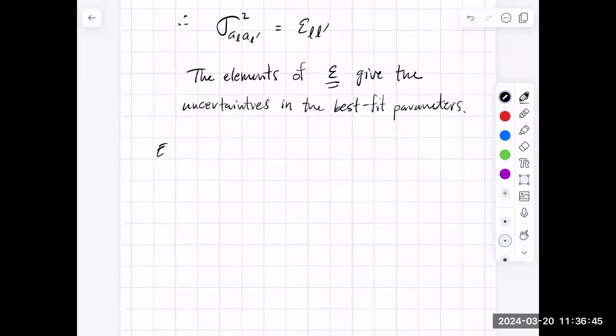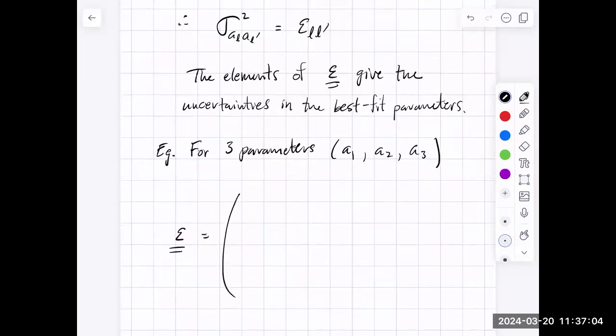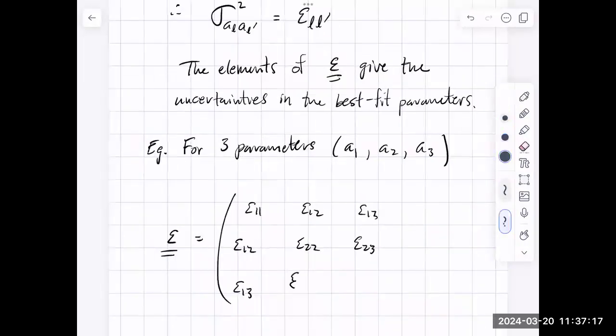So, example 4, 3 parameters. Our best fit parameters are going to be A1, A2, and A3. Our epsilon matrix is going to be a symmetric 3x3 matrix, with elements epsilon 1,1 through epsilon 3,3.